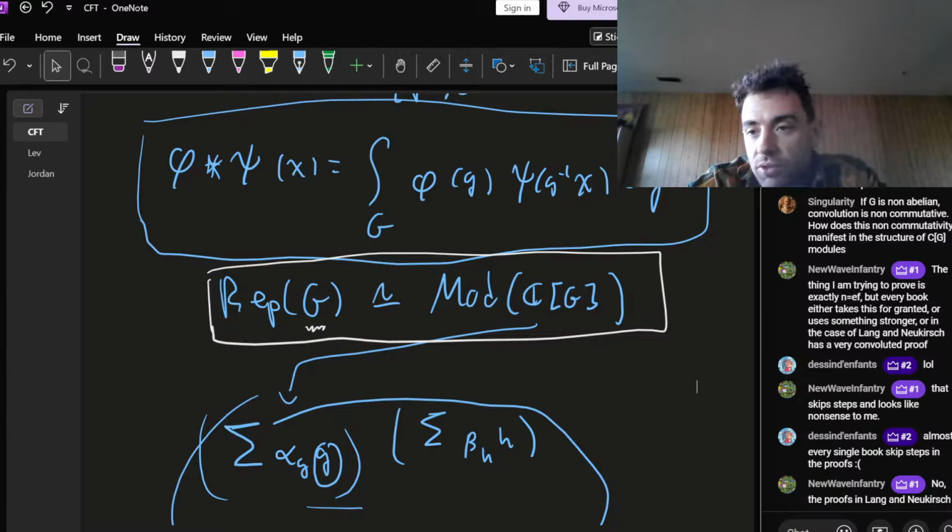By virtue of that, the same thing manifests in the category of CG modules. So you just have more complicated irreducibles. That would be one thing to say, I suppose.